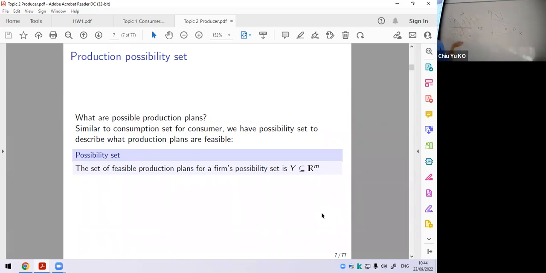Of course, usually only one of them will be true, because usually you think of one as the input and one as the output, right? But without any restriction, I just allow this to happen.